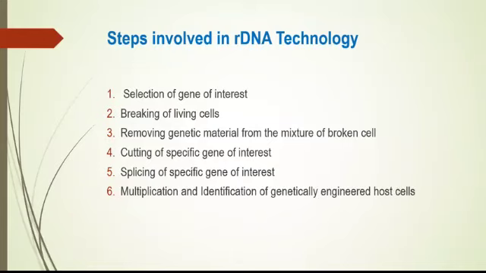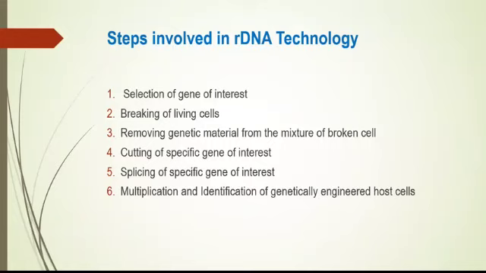This slide shows the steps involved in recombinant DNA technology. The various steps involved in preparation of rDNA in Escherichia coli are as follows. The first step is the selection of the gene of interest. Second is breaking of living cells, which can be achieved by two different methods: mechanical forces or chemical treatment.